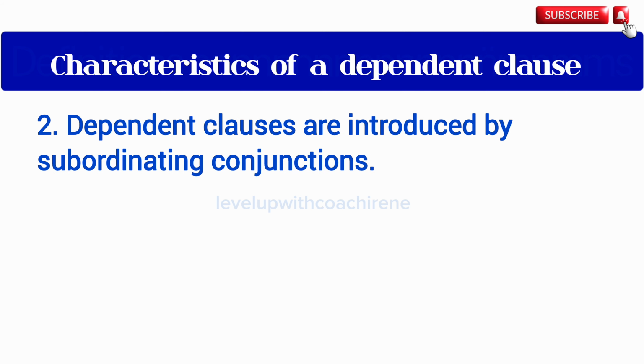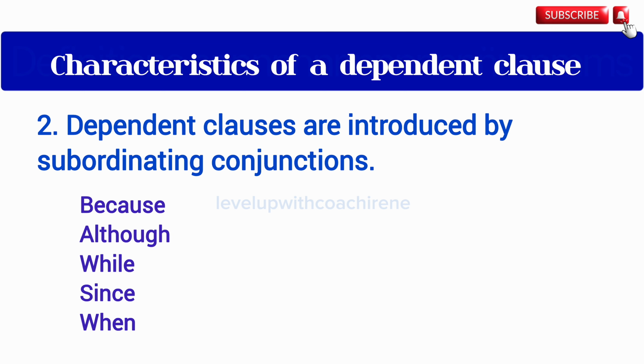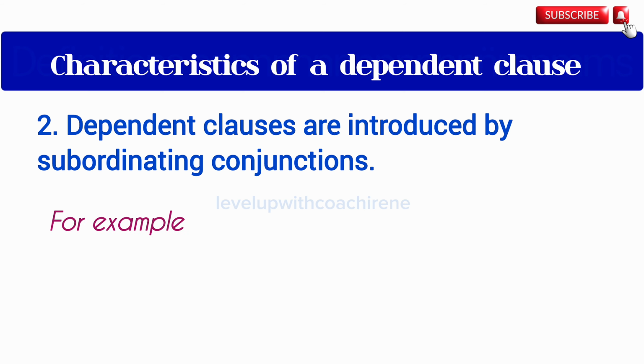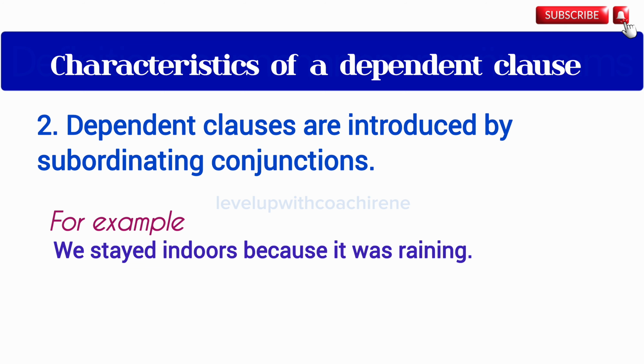Number two, dependent clauses are introduced by subordinating conjunctions. They include because, although, while, since, when, and more. For example, we stayed indoors because it was raining.